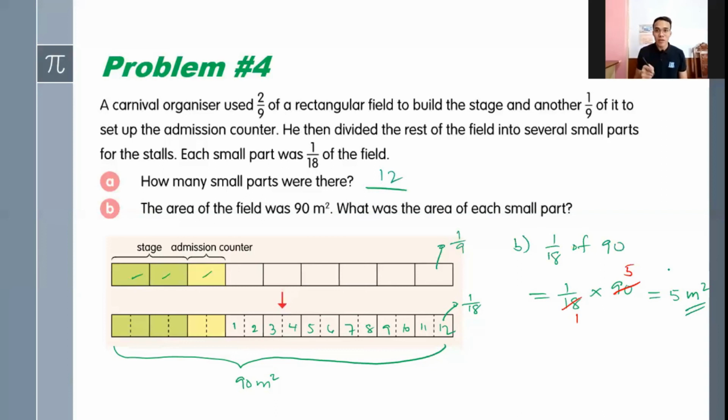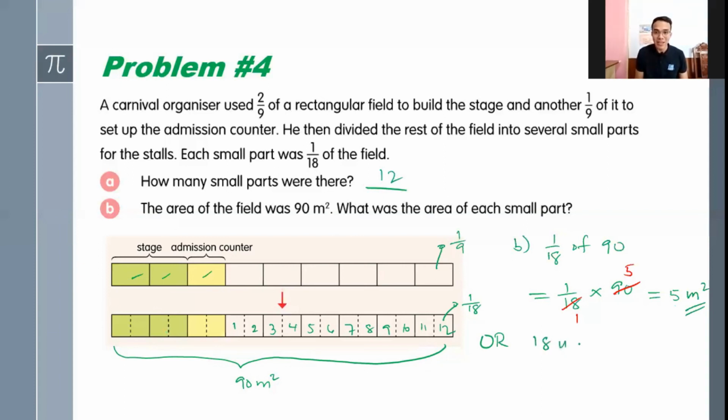If you want to check whether your answer is correct or not, just multiply 5 by 18. There are a total of 18 small parts here. So 18 times 5 is 90, and 90 is the total area of the field. Or there's another way of doing this using units. How many units are there altogether? There are 18 units.